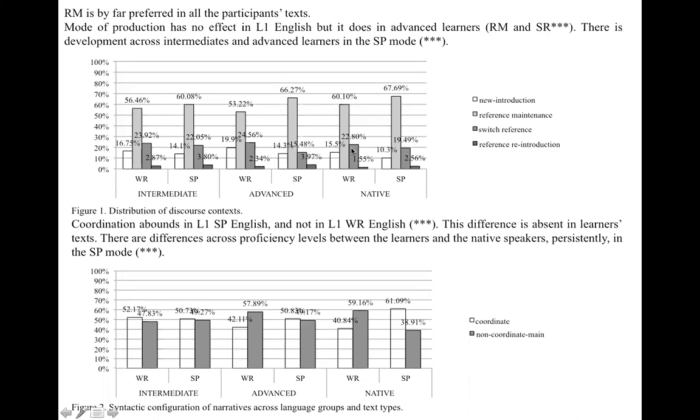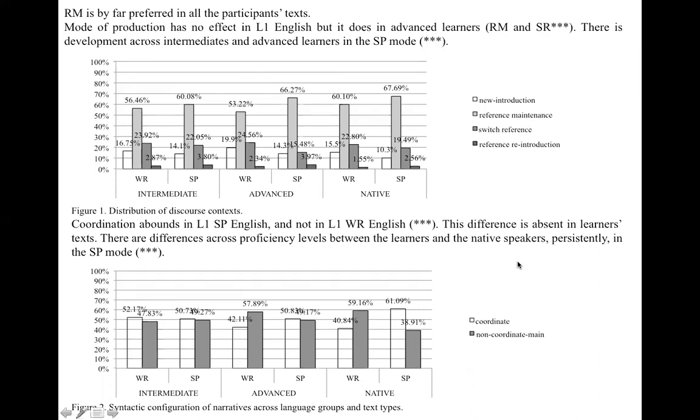There is a mode effect for the advanced learners, right here. But the conclusion that I take from this slide is that despite the statistically significant differences, which I'm marking here with 3 asterisks, highly significant differences, in all the cases, over 50% of the choices are of reference maintenance.